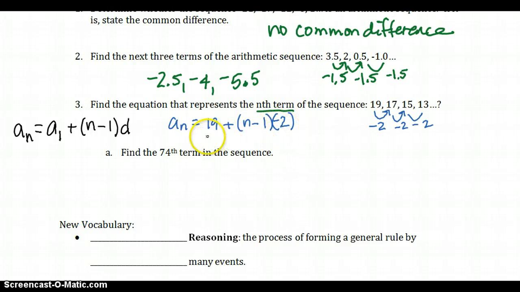We'll distribute. Negative times negative makes positive. And so a_n equals, when I combine 19 and 2, I'm going to get 21. So negative 2n plus 21. That was a negative 2n.